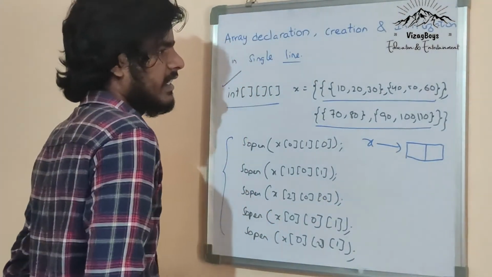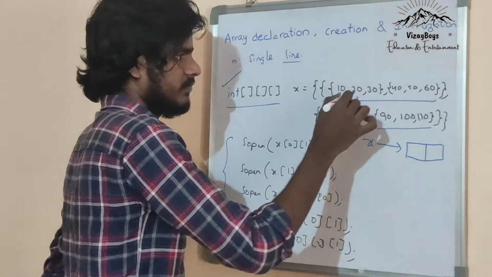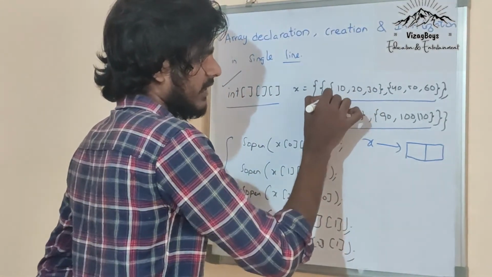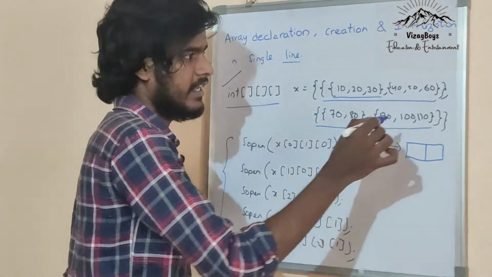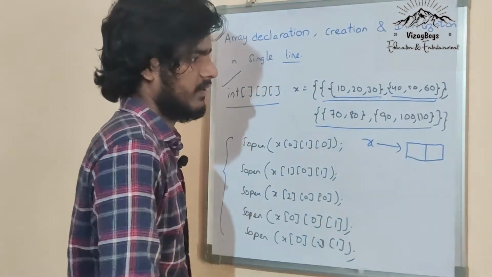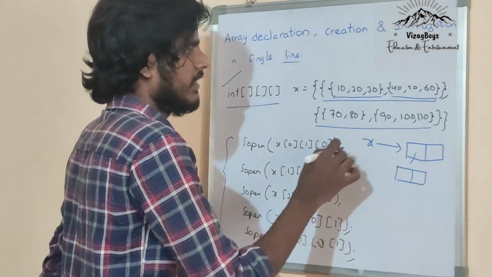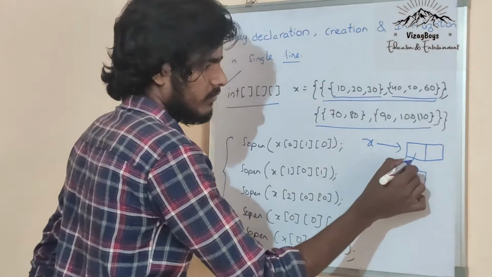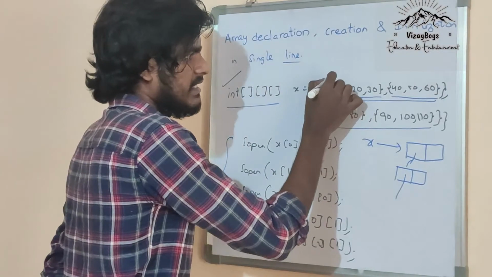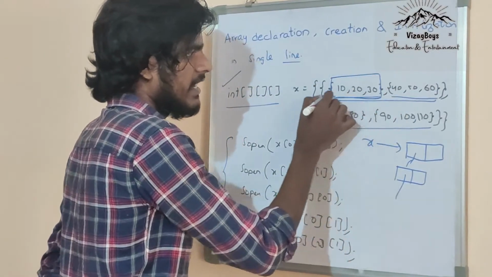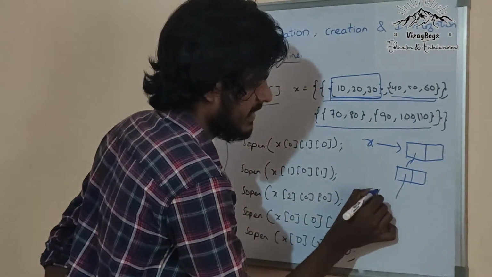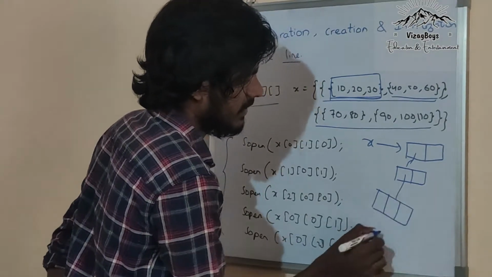Each two-dimensional array contains two-dimensional arrays. In the two-dimensional array, each element contains a single dimensional array of size 3.